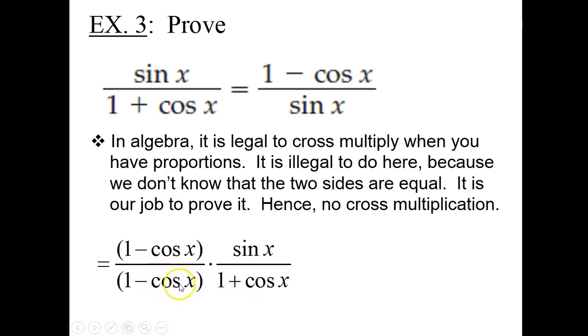It's basically because of this denominator. I know 1 plus cosine is not a Pythagorean identity, but if I multiply 1 plus cosine times its conjugate, 1 minus cosine, I know it'll turn into 1 minus cosine squared, which will give me a Pythagorean identity in a case where 1 did not exist at the beginning.